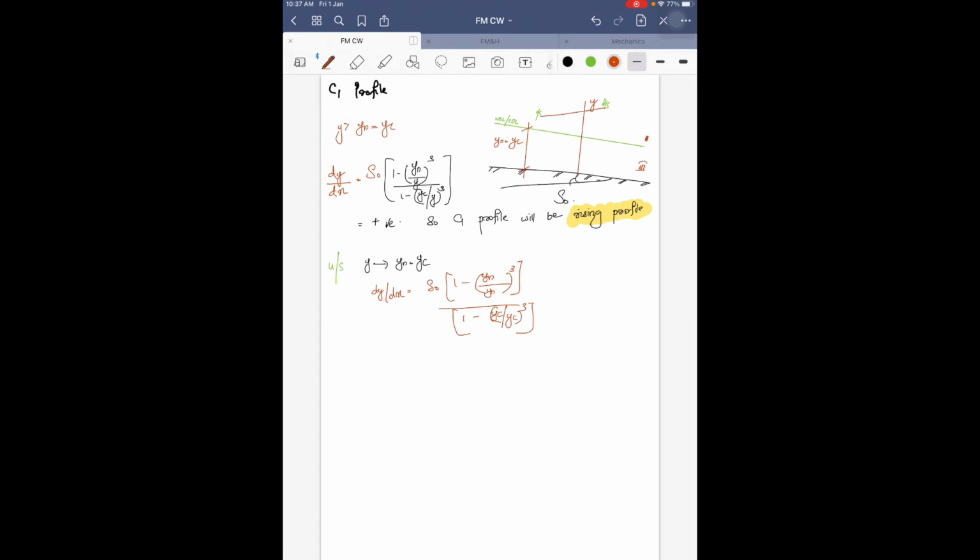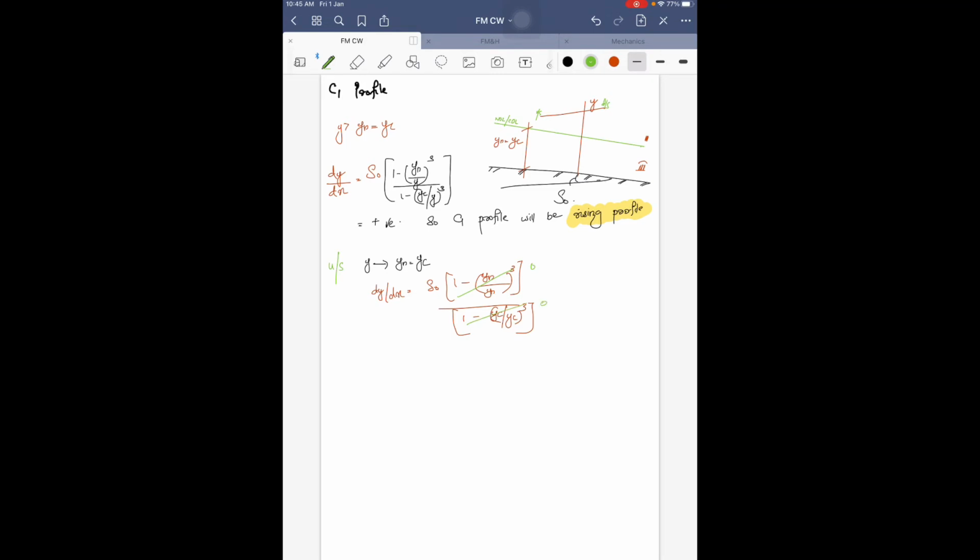What I have written is that y is becoming yn equal to yc. So I have replaced y with yn over here and y with yc over here. There is no issue because y is becoming yn. Now if you consider like this, this part becomes 0 and this part also becomes 0.